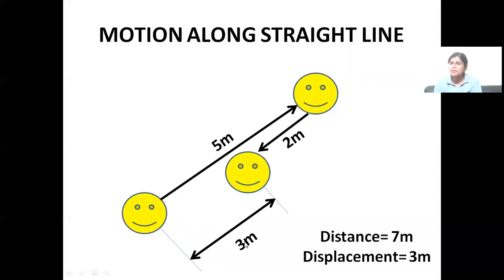How is that possible? According to physics, distance is the total distance, the total length of the path I traveled in. That is, I went from this point to this and I came back to this. So my distance is 5 plus 2, 7 meters. But displacement is defined in physics as the shortest distance between my starting point and my final point, and that's just 3 meters.